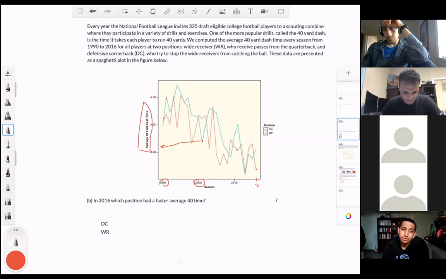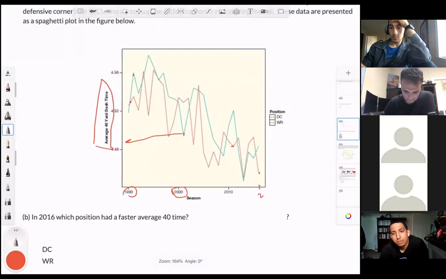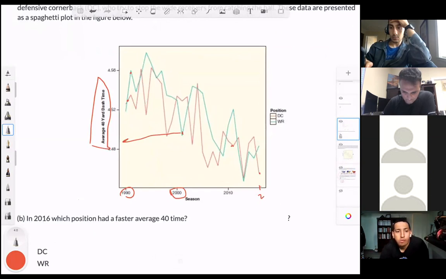In 2016, which position has the faster average 40 times? What? 2016, which position? The faster average 40. Something missing. So where is 2016? The wide receiver.